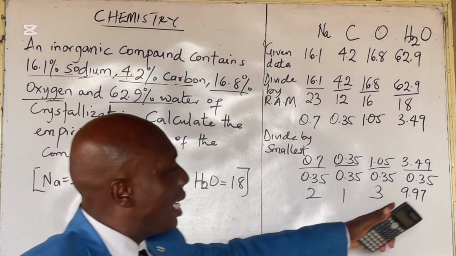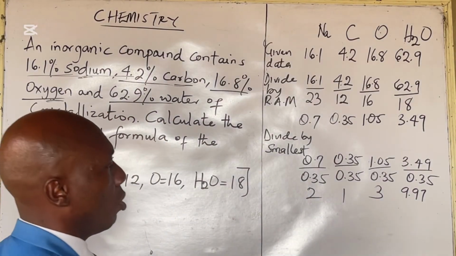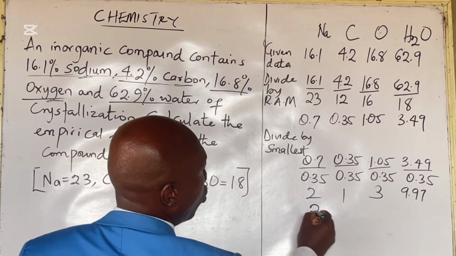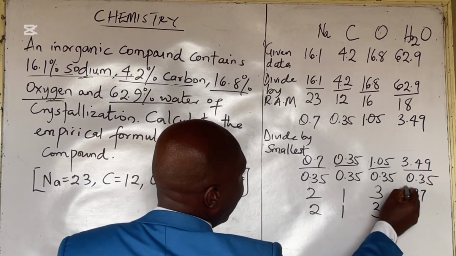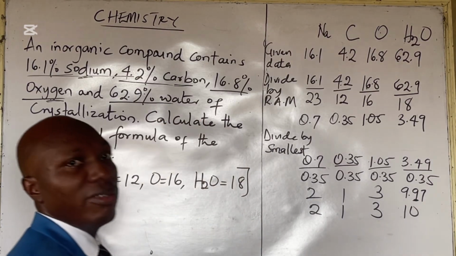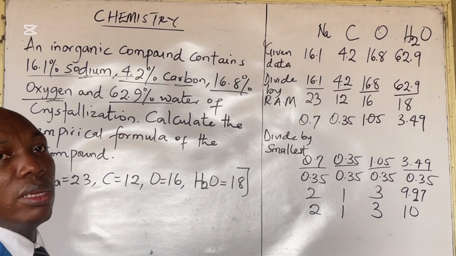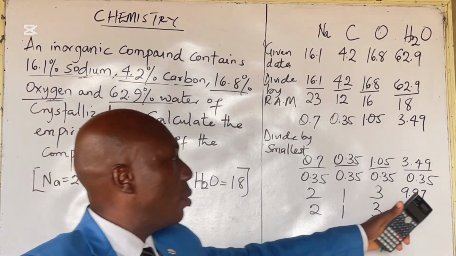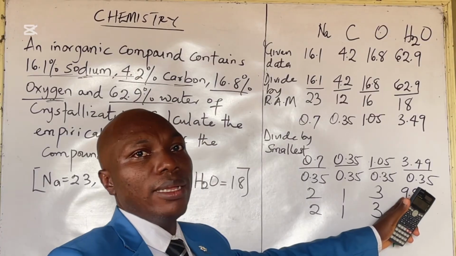We see that 9.97 is almost 10. So the new ratio will be 2, 1, 3, and approximately 10, because this figure is greater than 5, so we round up. We add 1 to 9, that will give you 10.